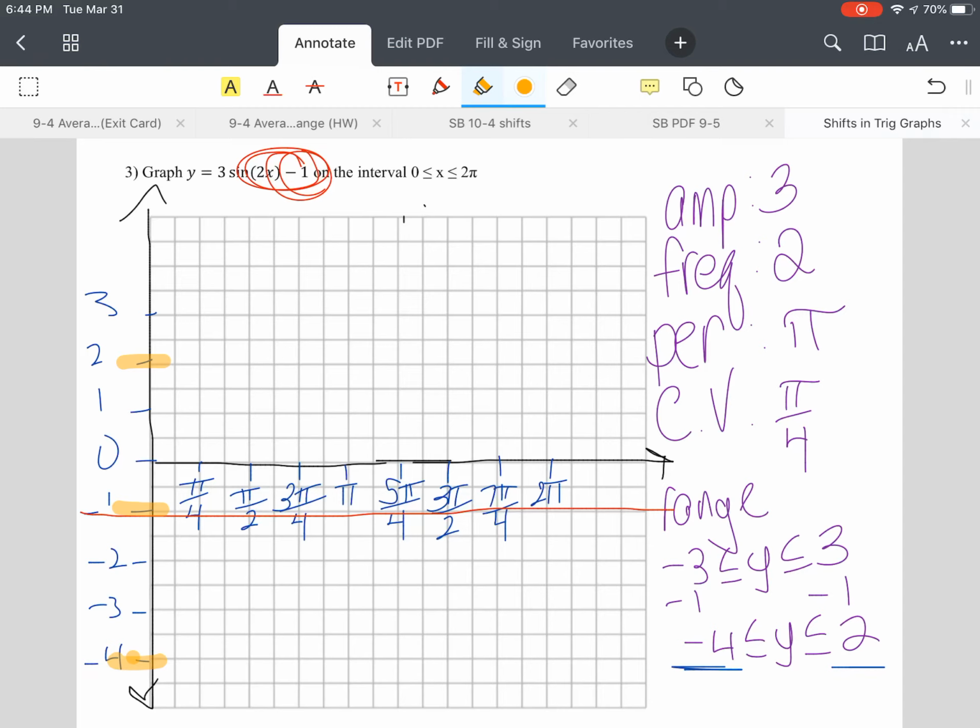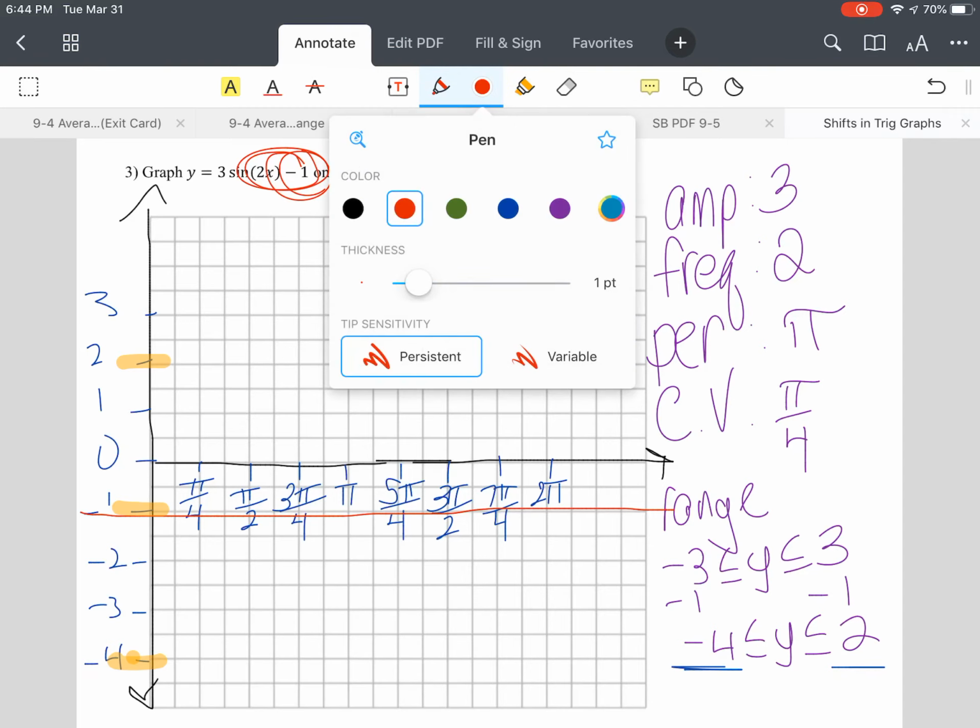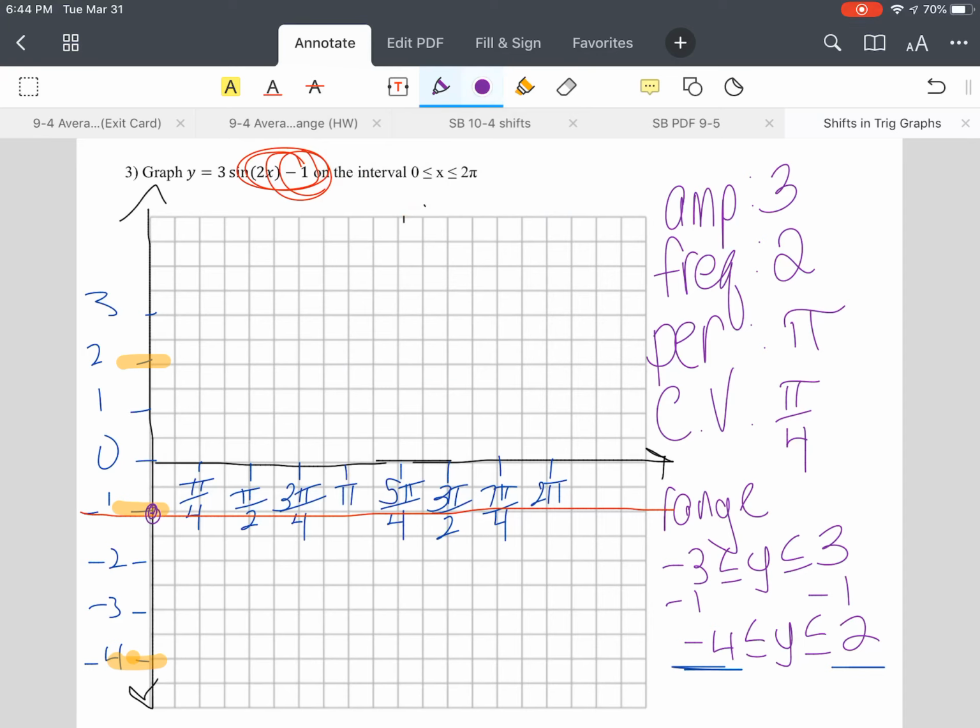We're at sine, so we start at the midline. That would be here. Then it's positive, so we go up to the highest, back to the midline, down to the lowest, midline, highest, midline, lowest, midline.